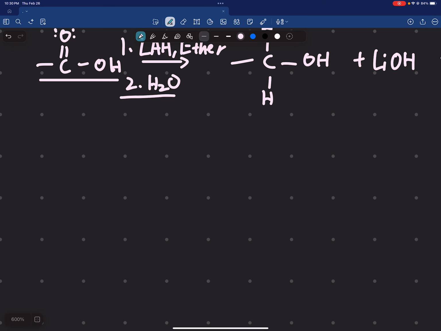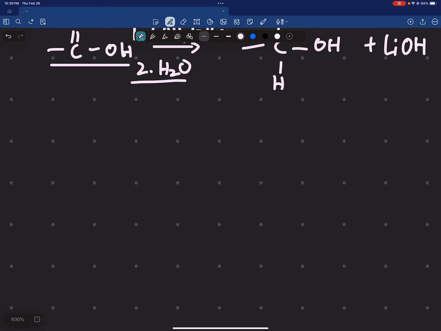Let me go through the mechanism. If you treat a carboxylic acid with LAH, it will form a tetracarboxylate aluminum ion, and it will be hydrolyzed in water. That's what we need the water for.